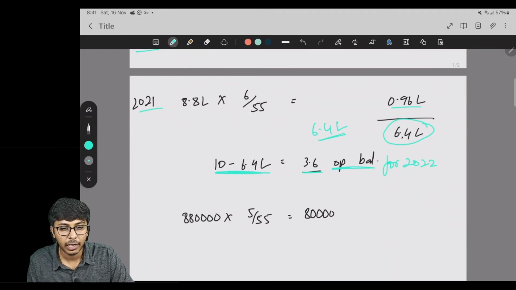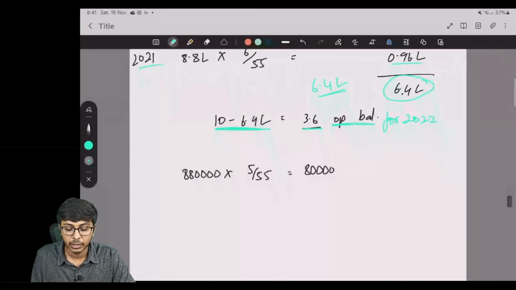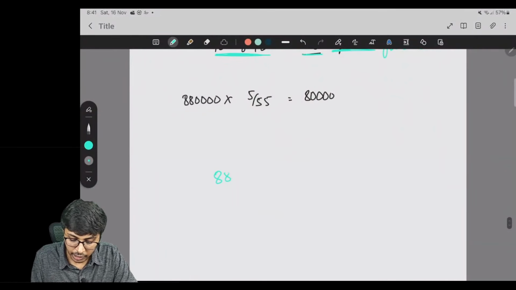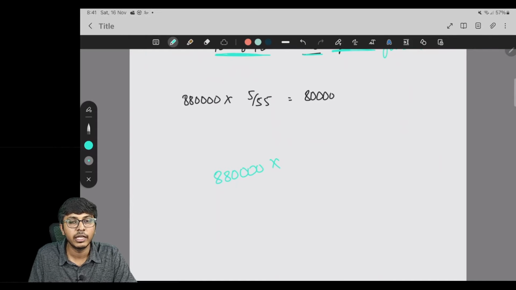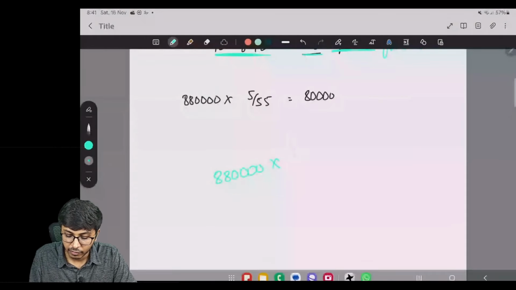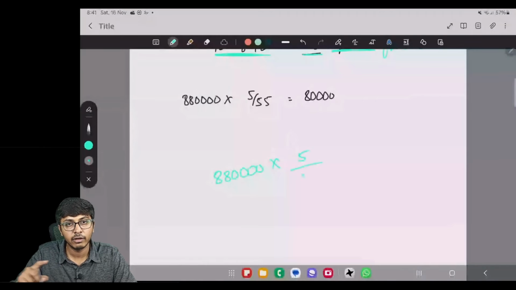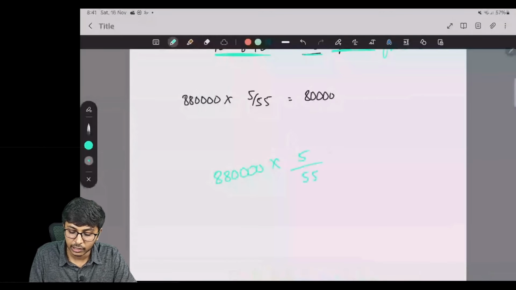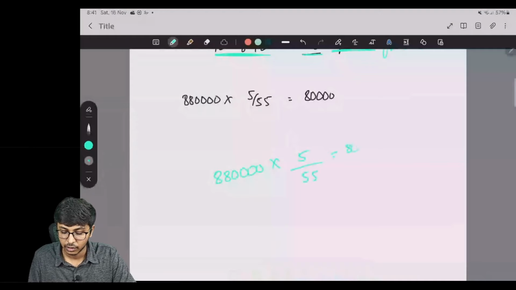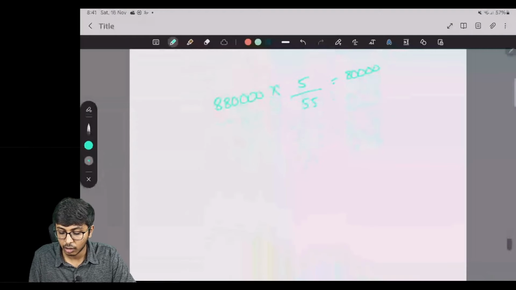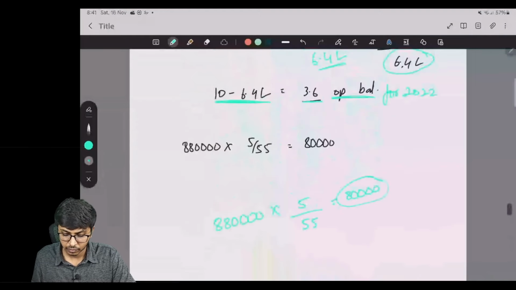Now for 2022, what will be the depreciation? Simple, 8,80,000 multiplied by how many years remaining? 4 years remaining, including current year, 5, divided by 55, you should get 80,000 as depreciation. So this will be the depreciation amount for 22, correct?